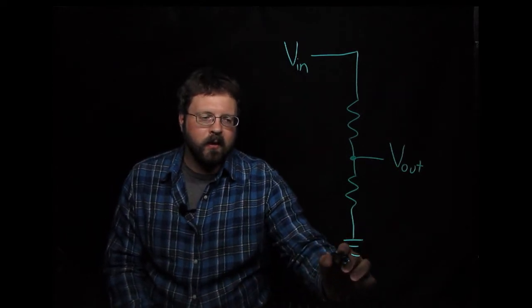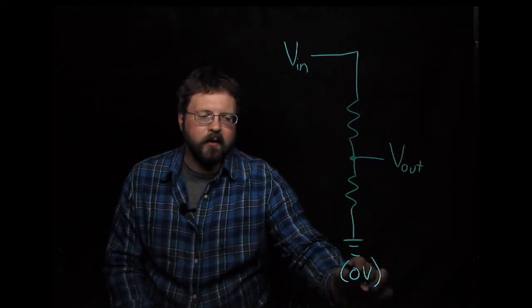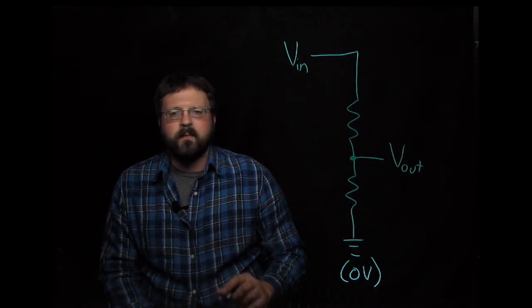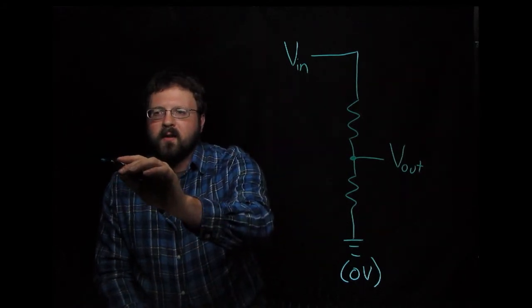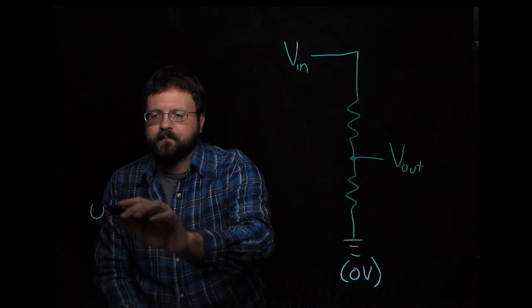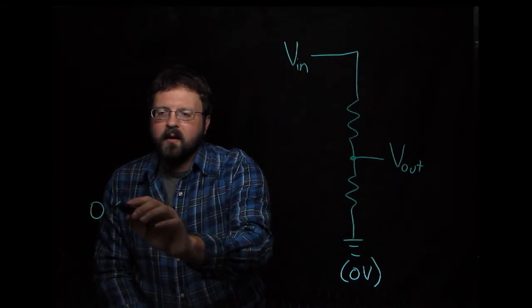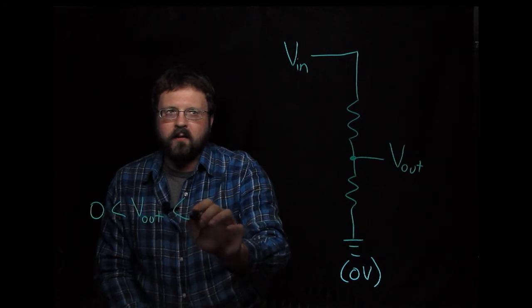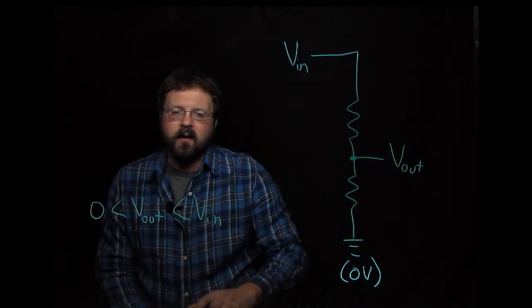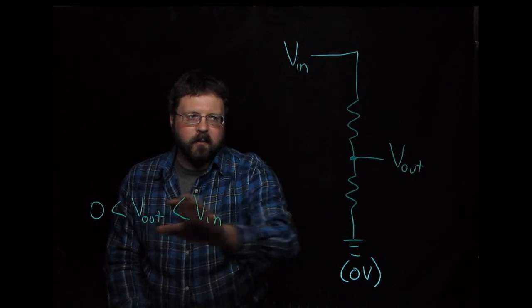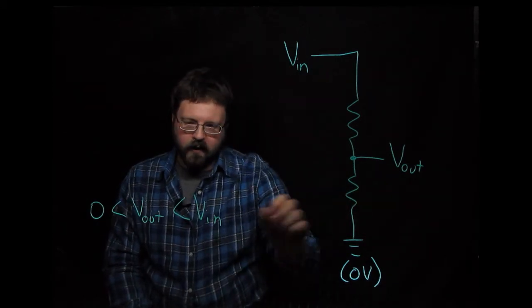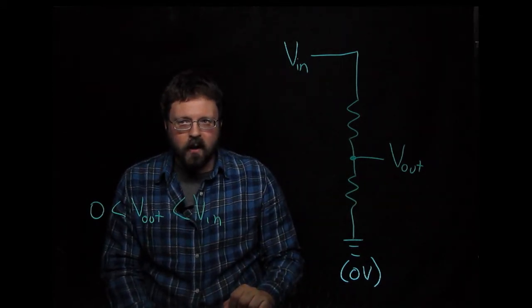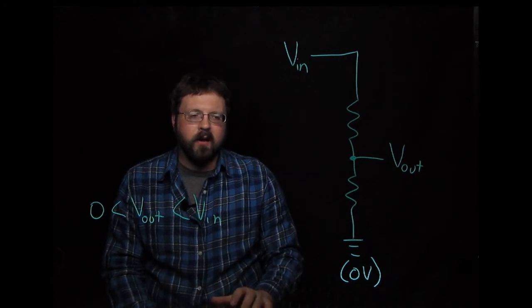Ground is also sometimes referred to as 0 volts. So that means that 0 is less than Vout, and Vout is less than Vin. So Vout is going to be somewhere between Vin and ground, and that gives us our voltage division.